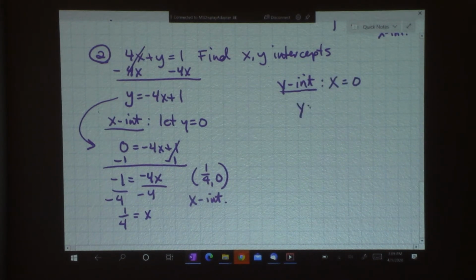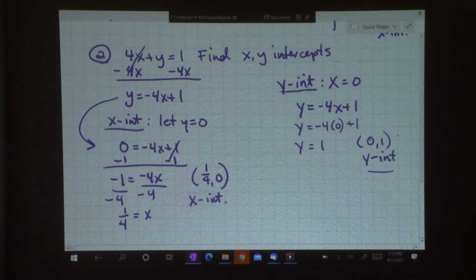So I'm going to write this over here just for convenience. I love putting in 0 for x because that just makes that one term cancel out and I end up with 1. So my y-intercept would be 0, 1. And those are my two answers.